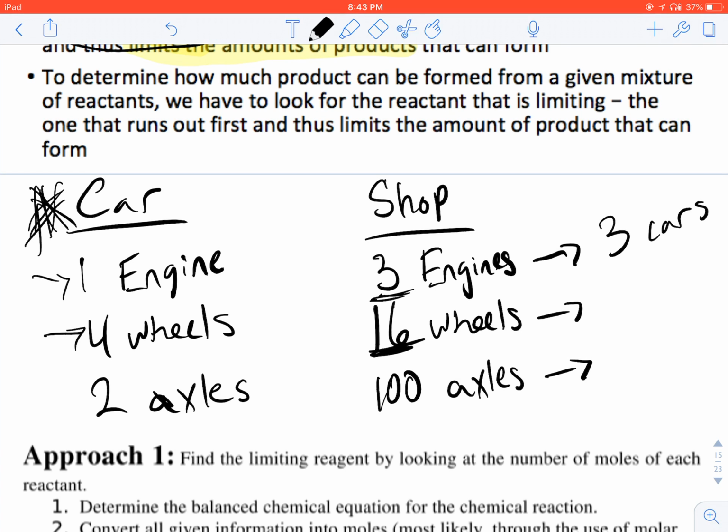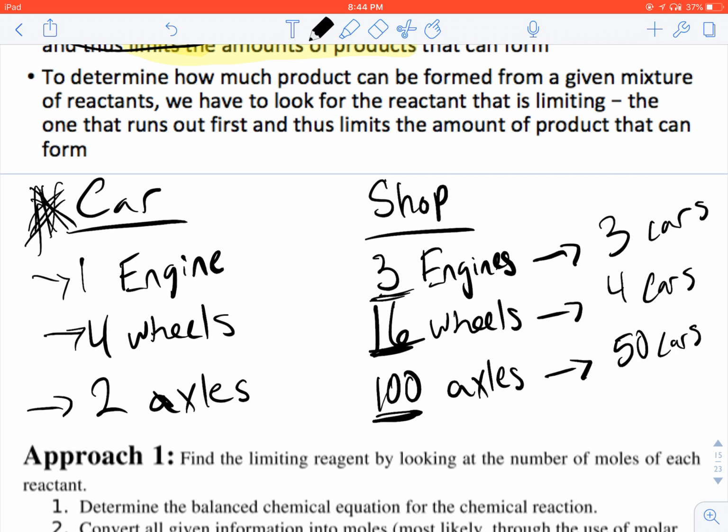So we can make 16 divided by 4 cars with 16 wheels. Last, we know each car needs 2 axles. We have 100. 100 divided by 2, we can make 50 cars with 100 axles.